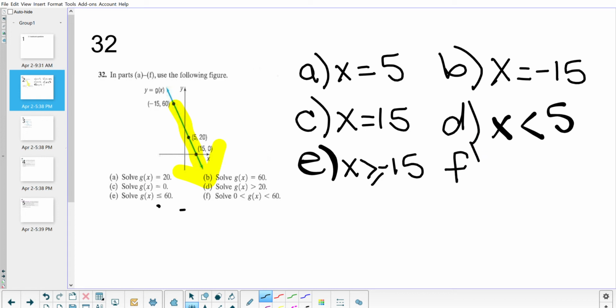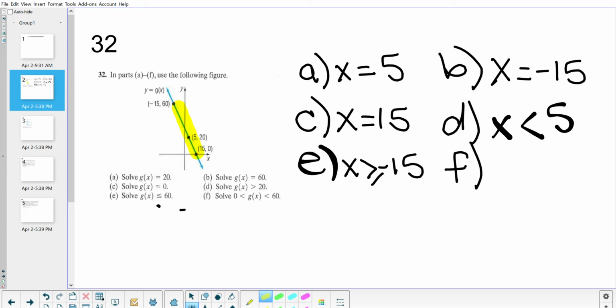Okay, and then F. When is g of x greater than 0 but less than 60? Those y values are between 0 and 60. So in between the y value 0, right here, and the y value 60, that's just that portion right there.